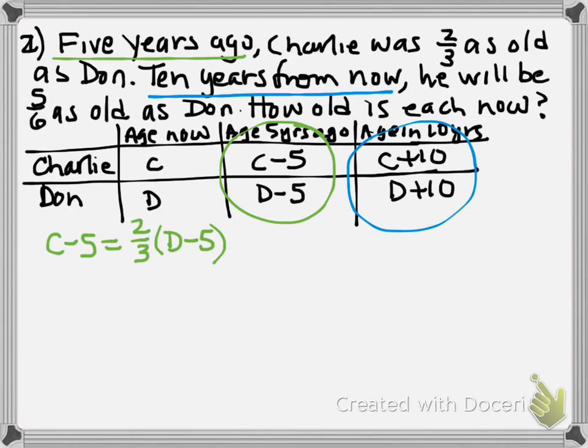He comes before the will be, and the will be is the equals. Who's he referring to in the 10 years from now? Charlie. So how do I write Charlie's age 10 years from now? C plus 10. There we go. Equals, and then the rest? 5/6, and then parentheses D plus 10. Okay, so this problem is ugly, right?